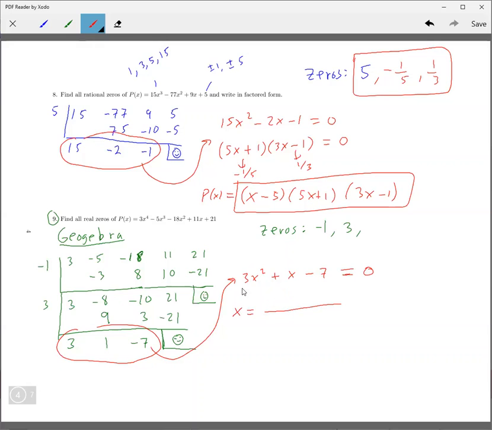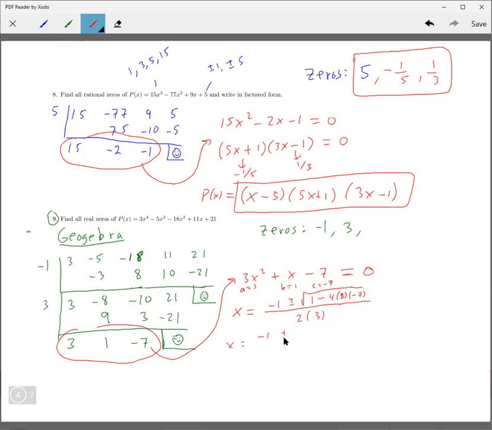So let's keep track here. A is 3, b is 1, and c is -7. So -b, which would be -1, plus or minus the square root of b squared, which will be 1, minus 4 times a, which is 3, times c, which is -7, all over 2a, which is 2 times 3.